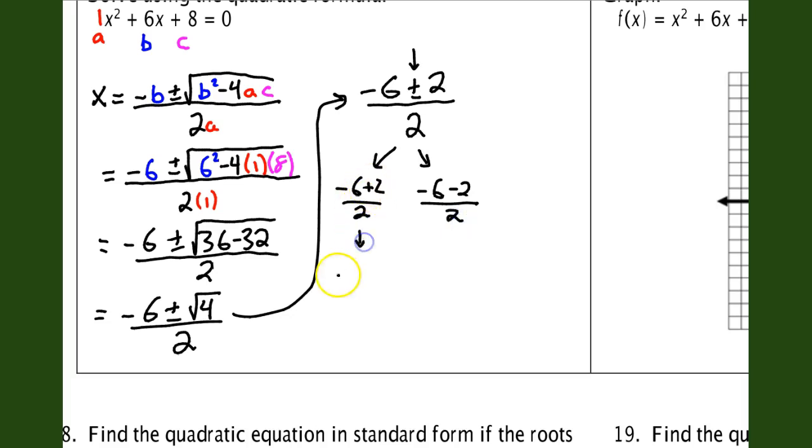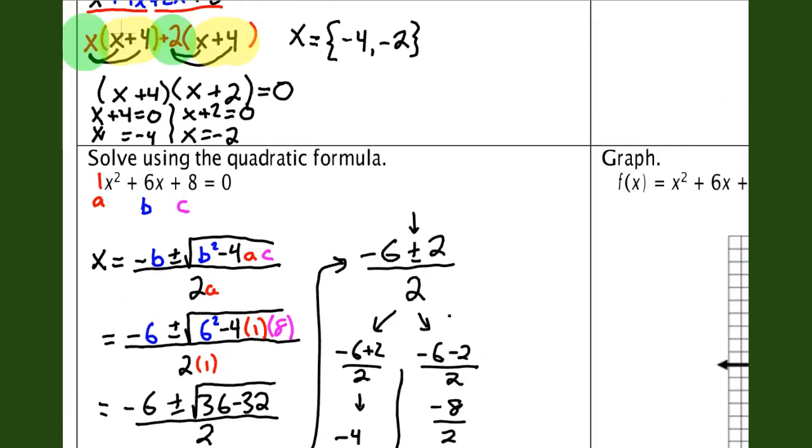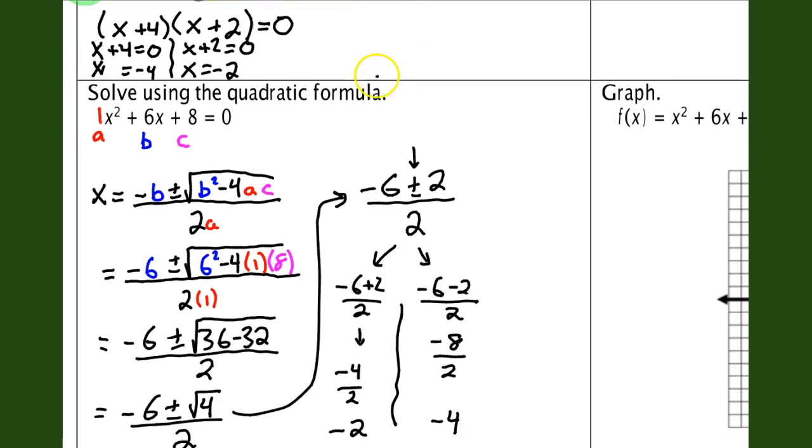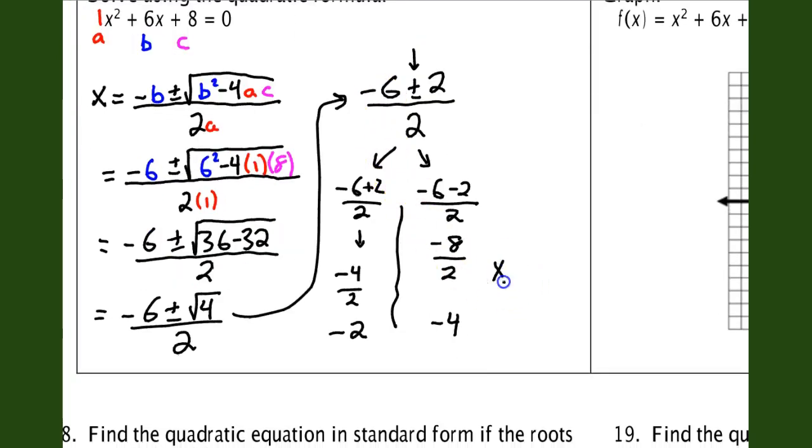If we simplify each one, we'll have negative 4 divided by 2, which is negative 2. And over here, we'll have negative 8 divided by 2, which is negative 4. So just as predicted, it should match what we got with the other method. Same problem, different method has the same answers. So x equals negative 2 and negative 4.